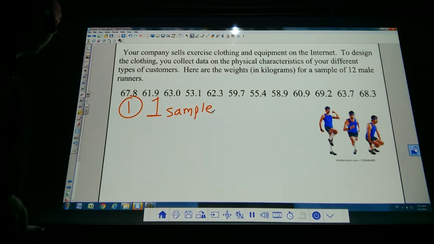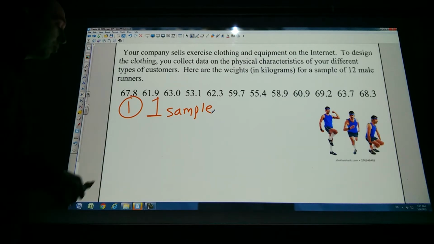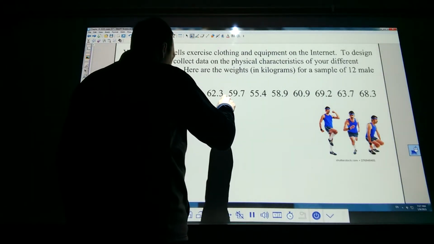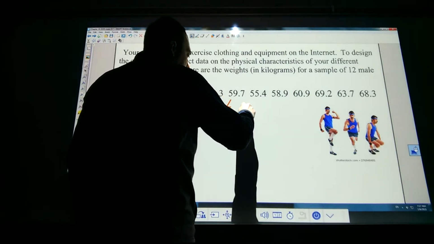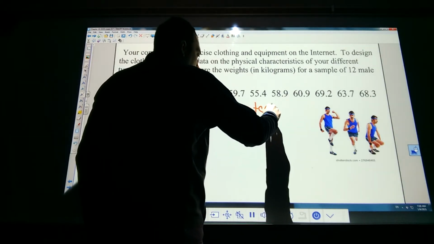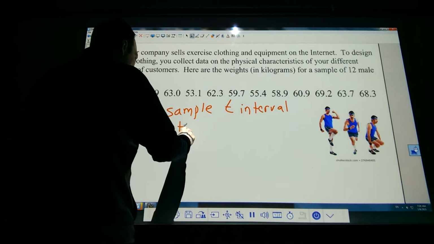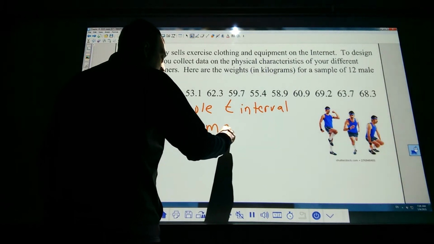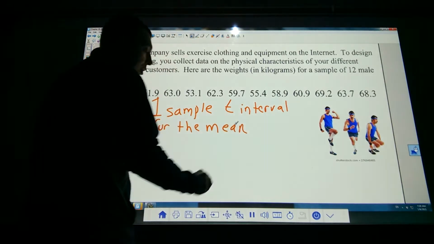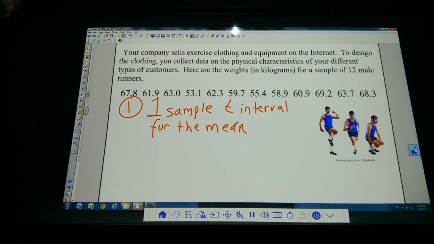So it's a mean problem, and if it's a mean problem, write this letter T: one sample T interval for the mean. And that's all step one is. Give it a name.